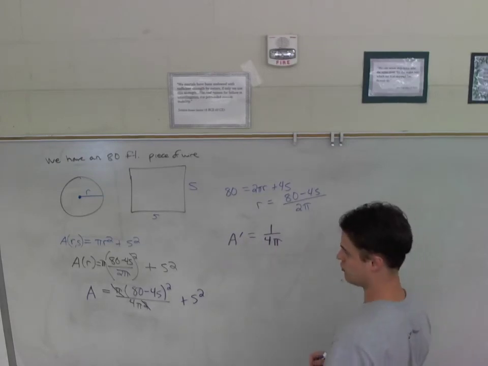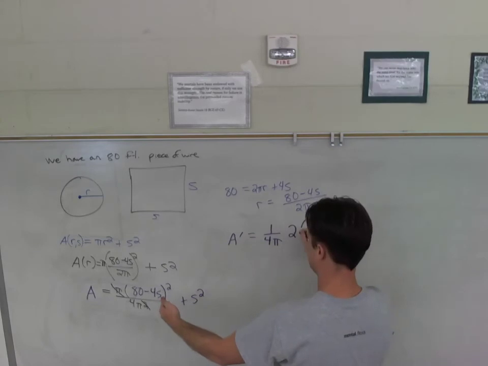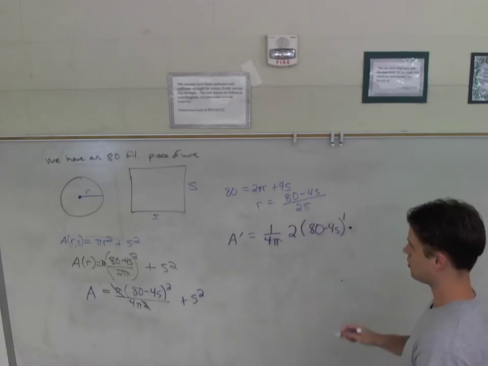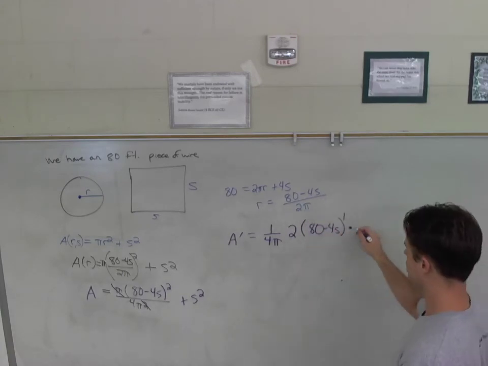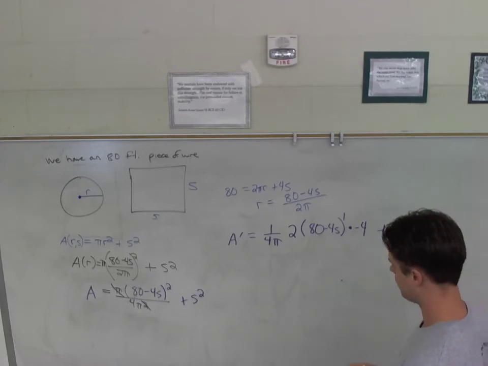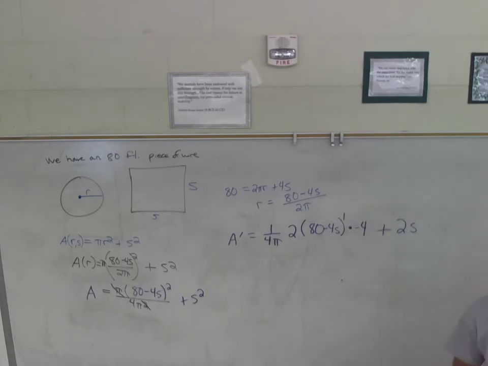And then what's the derivative of the top part? 2 stuff to the 1 times derivative of the stuff plus 2s. Because the bottom function is just a constant, right? You don't have to worry about it.